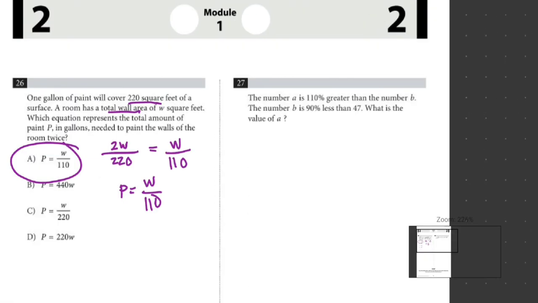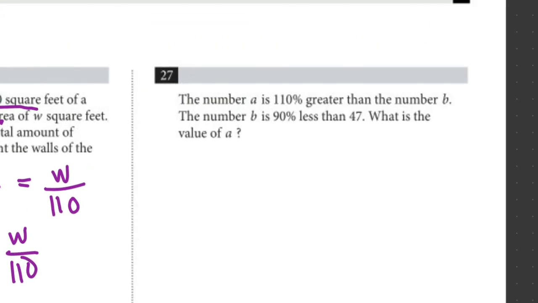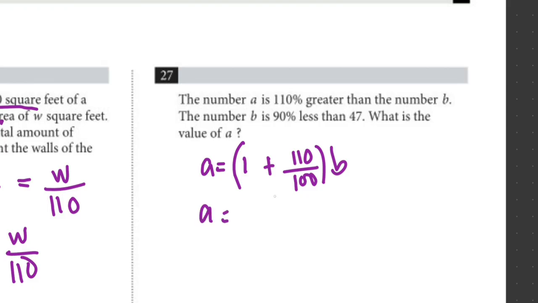Then for 27, the number A is 110% greater than the number B. So A is equal to 1 plus 110%, which is 110 over 100, of B. So that would be 1 plus, what is 110 over 100?